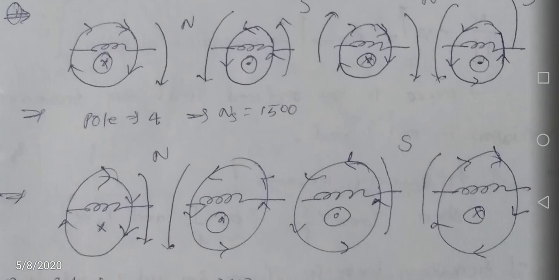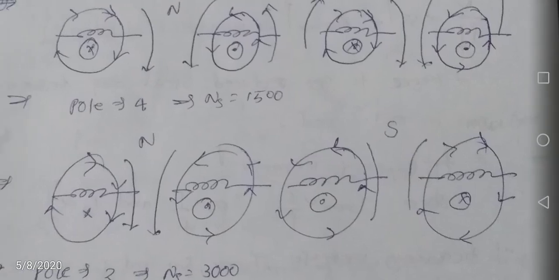Because of conductors 1 and 2, the fluxes are in the downward direction, so there is a formation of a north pole. Because of the second conductor, fluxes are in the upward direction, and due to the third conductor, fluxes are in the downward direction. So there is flux cancellation between the second and third conductors.